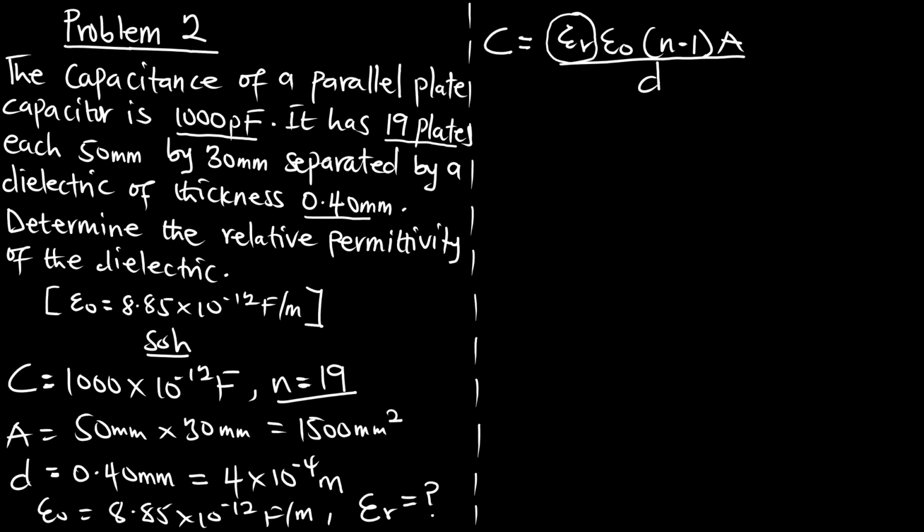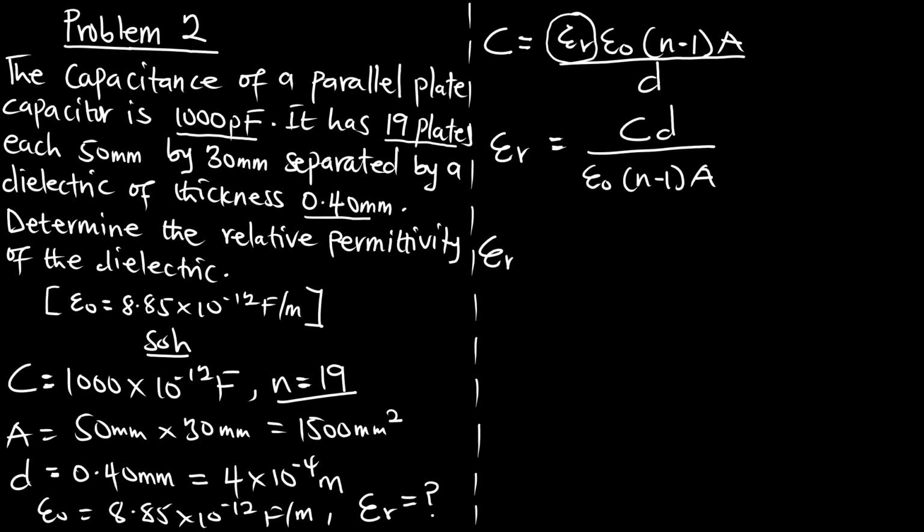We have the other parameters. So let's make this the subject. From here, we are going to get our epsilon r to be equal to capacitance multiplying the distance, everything over epsilon naught, we have our n minus 1 and our area. So with this, we are able to make this the subject.